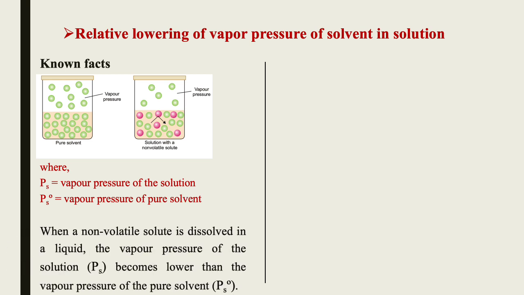When a non-volatile solute is dissolved in a liquid, the vapor pressure of the solution, Ps, becomes lower than the vapor pressure of the pure solvent, that is Ps naught.